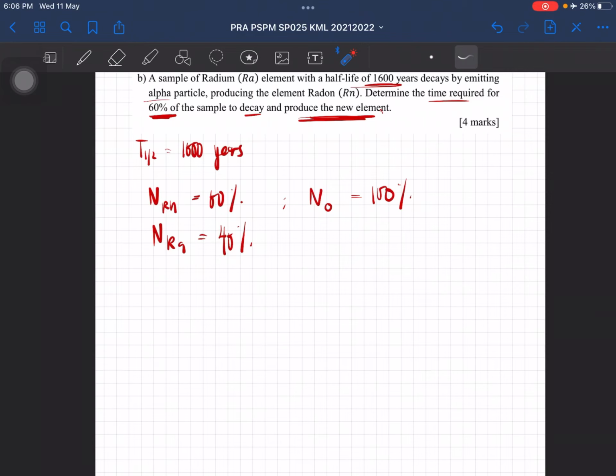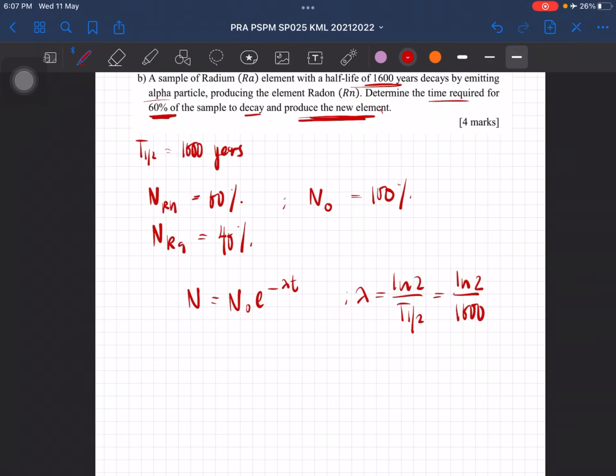Alright, and then what else? Oh, we have to use what formula? We are going to use the formula N equal to N naught e negative lambda t. Okay, so from here we need the decay constant, which is equal to lambda, ln 2 divided by the half-life. So this one you will use, what is it called?